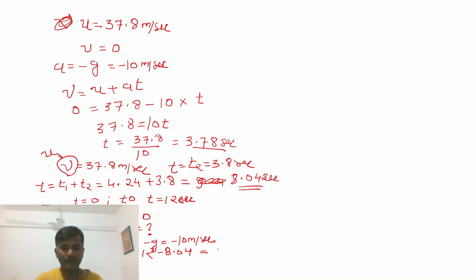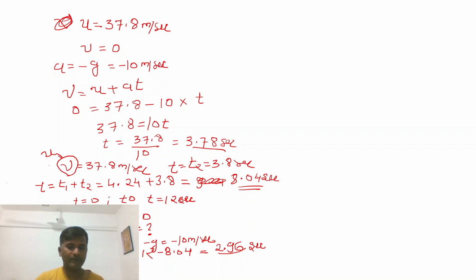It will be 9, 10, 11, 3, 3, 3. So it will be 2 point, wait a minute. It will be 6 here, 9 here, 2 here. 2.96 seconds, isn't it? Right? It will be 2.96 seconds.